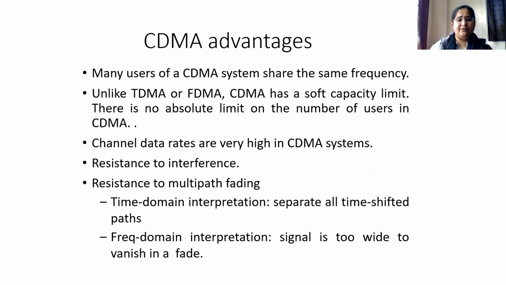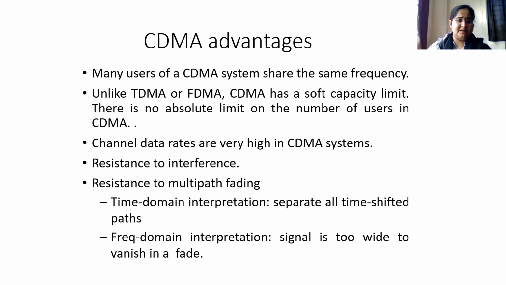Another important advantage is that, as I have said, CDMA uses a very large bandwidth, hence it has a very high data rate, that is, very high spectrum efficiency. Next, it is resistant to interference, as we do not require any guard band that we have seen in GSM systems.